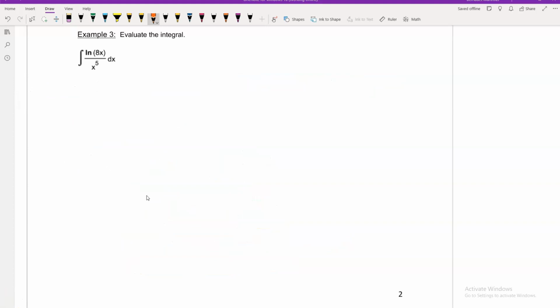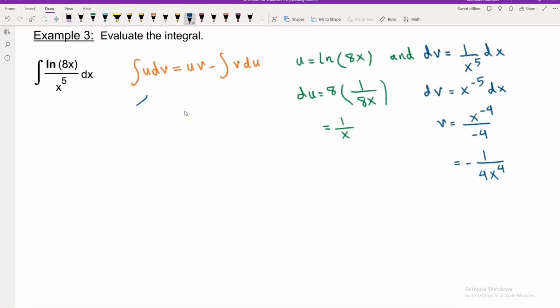Evaluate the integral. On top we have natural log of 8x divided by x to the 5th power times dx. Here we're going to use this formula, and what we have for u is ln 8x. Finding du, that is the derivative of this part, which is 8 times 1 over what we have after ln.